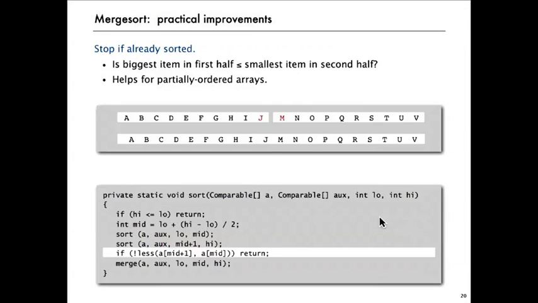A second improvement that will improve the performance for cases when the array is partly sorted is to just stop if it's already sorted. That's going to happen in the case where the biggest element in the first half is less than or equal to the smallest item in the second half. That means it's done. So that's easy.